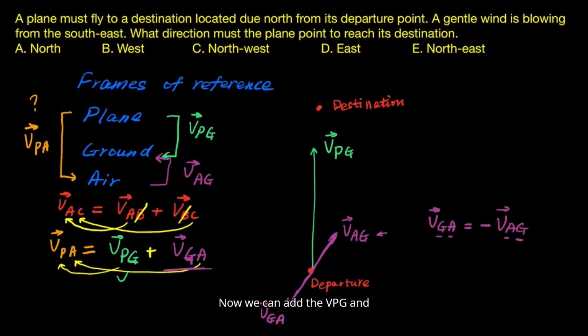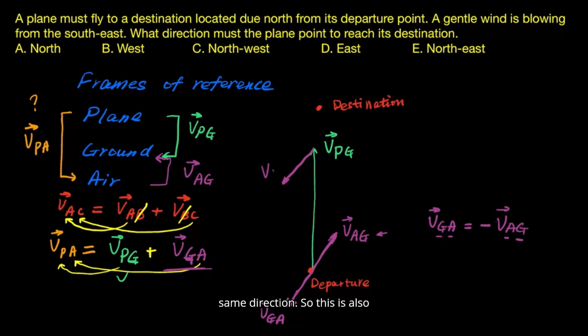Now we can add Vpg and Vga together. How do we add them? We first translate the second vector Vga here, because when we add vectors, we draw the second vector from the tip of the first vector. This translation doesn't change anything. The two vectors are identical as long as they have the same lengths and point in the same direction.